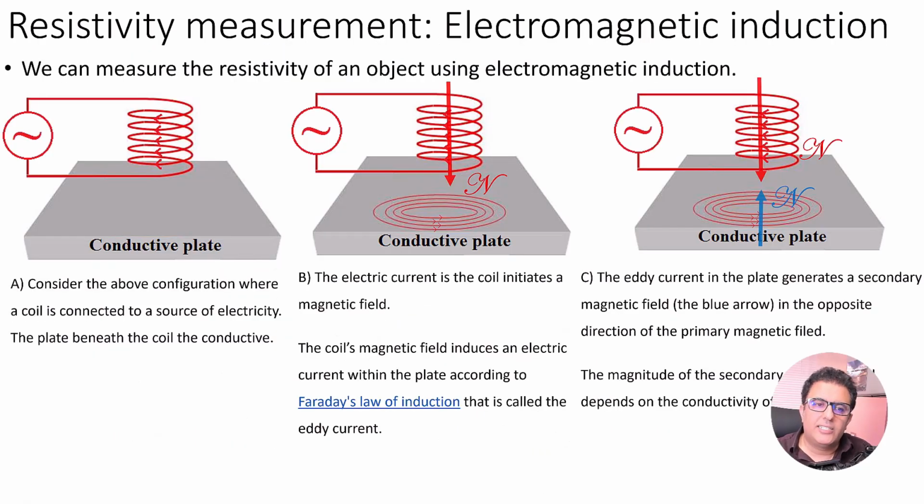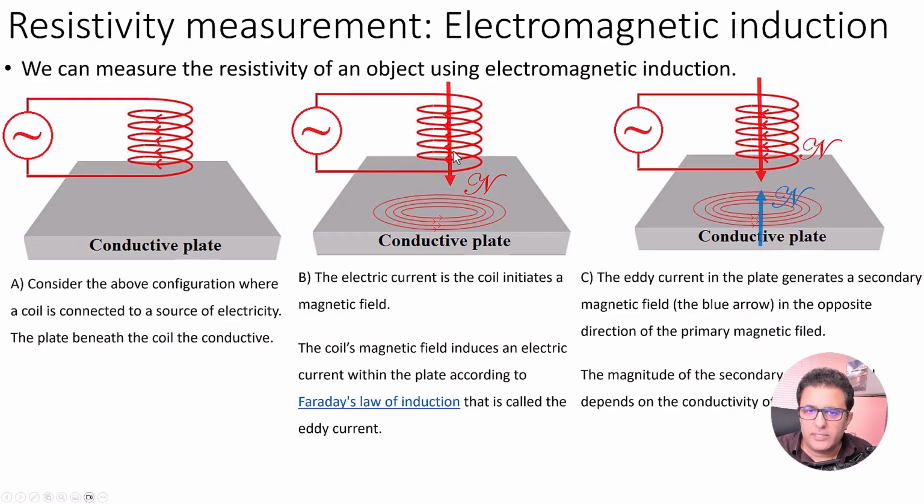Let me explain it here. Assume that we have a conductive plate here, and we suspend a coil above the plate, and what we do next is connect the coil to alternating electricity.